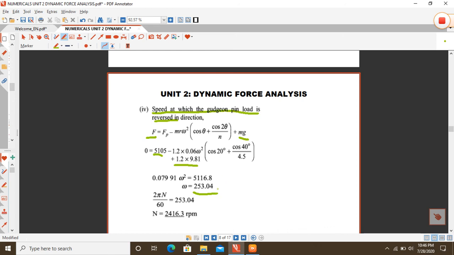Now to convert it into RPM, omega is 2 pi n by 60. From here this n can be calculated and it comes out to be 2416.3 RPM. So by this way we can solve this numerical very easily.